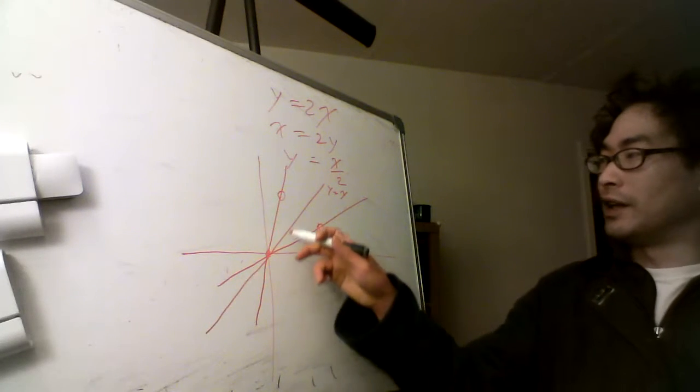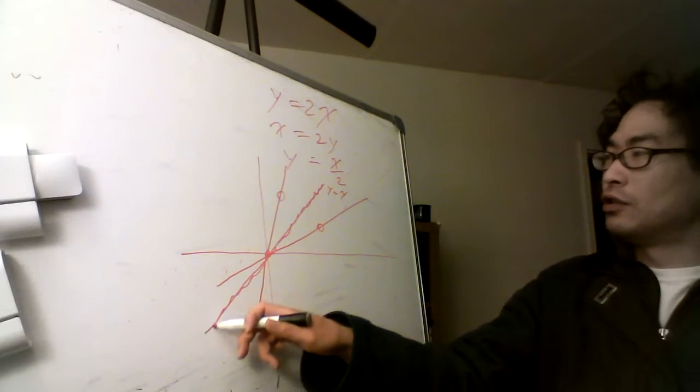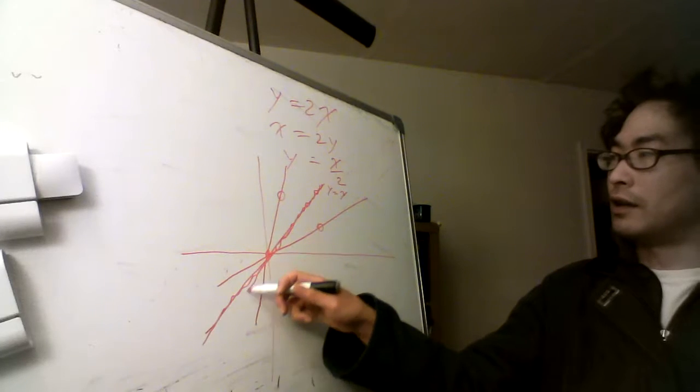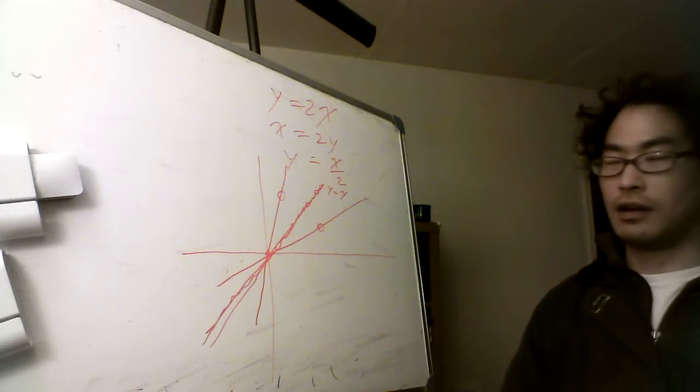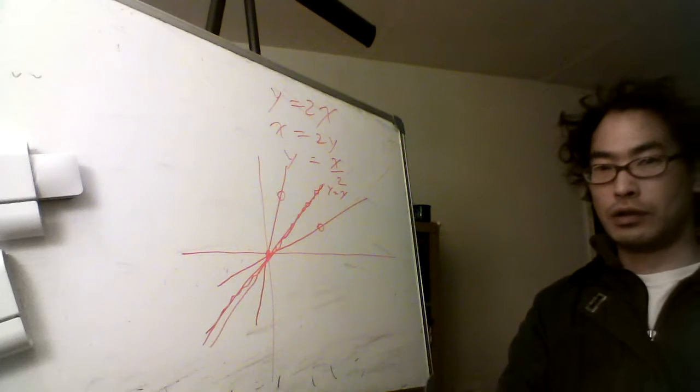It's like folding. You have this folding line. You fold in half along this diagonal line, and they become the same thing. Y is equal to 2x and y is equal to x over 2.